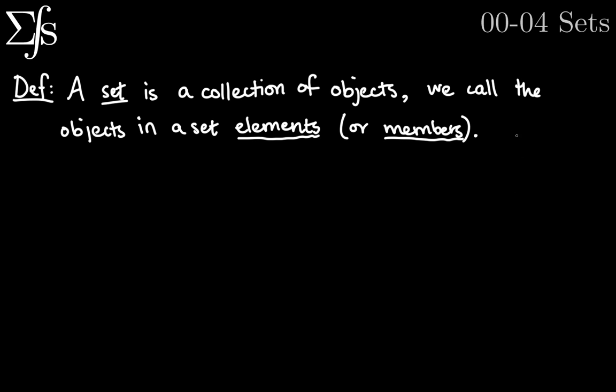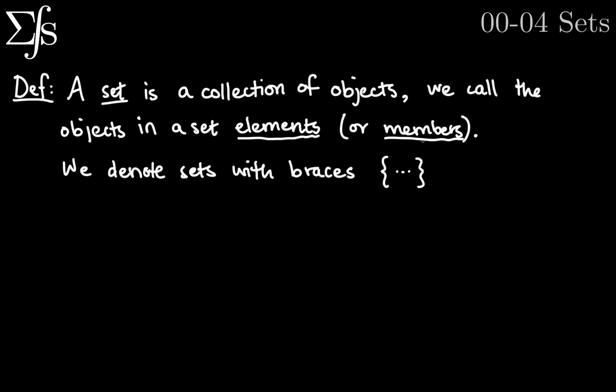And we usually denote the set with braces, sometimes called curly braces. You can write them like that, and then you just list every object inside of the set outright. So let's do an example of that.